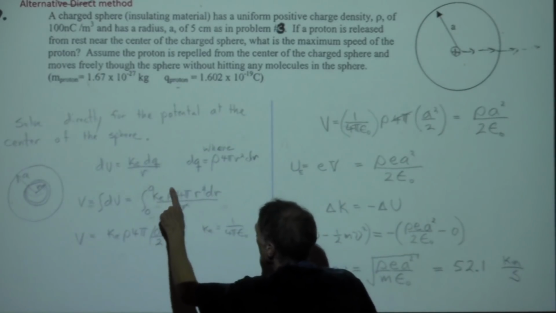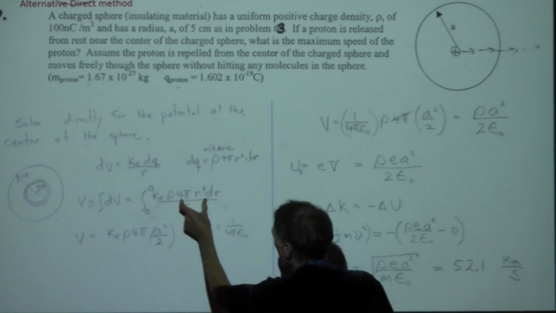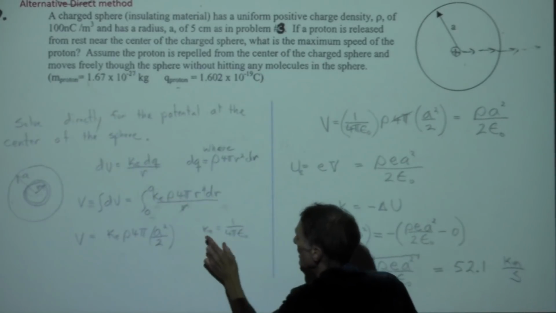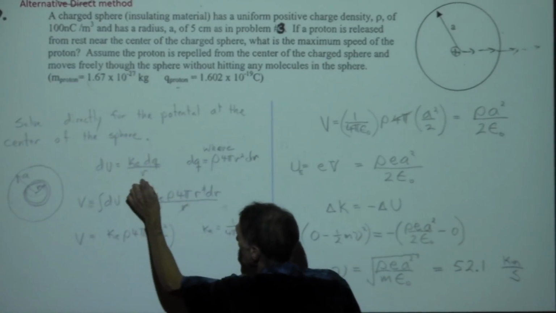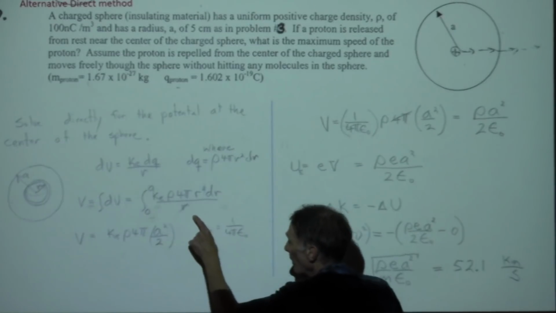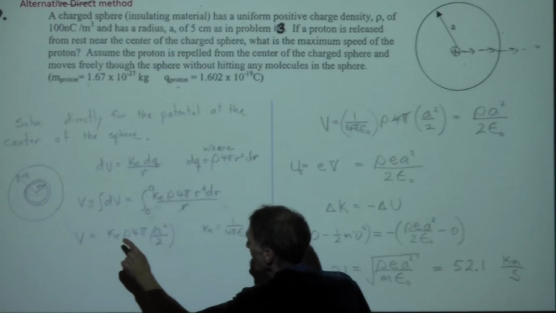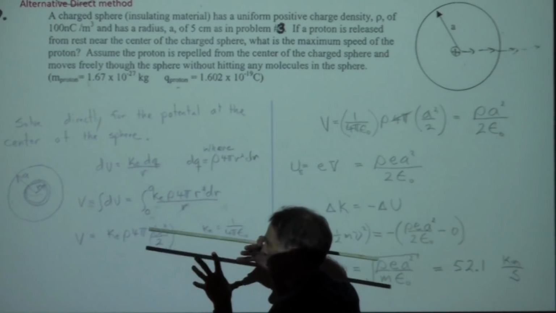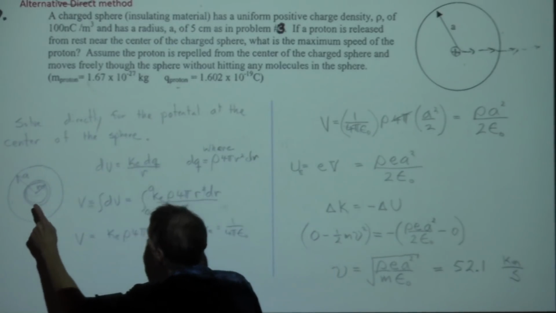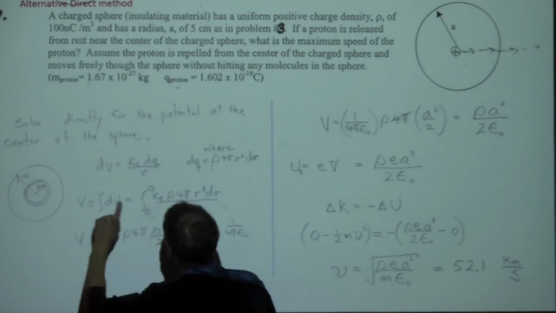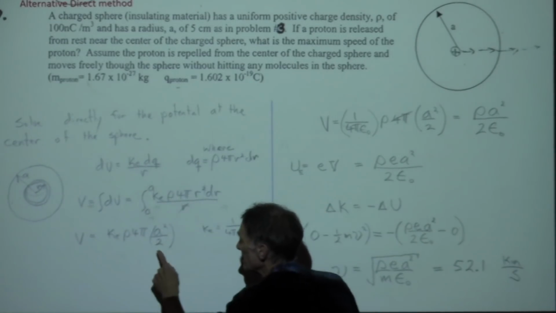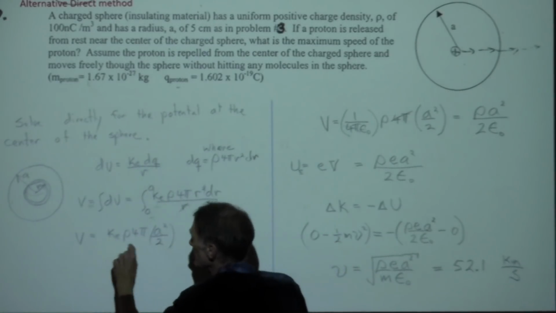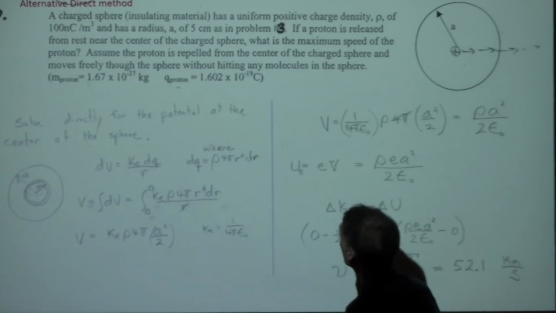V is going to be k rho times 4 pi r squared, and this is going to be a volume, so that is going to be a charge times r. So basically I'm still coming back to that of a point charge, and I want to get the potential for that. I'm going to integrate all of these potentials, so basically I'm getting that energy just to put this thing together. I'm going to integrate it from 0 out to a, and then this represents the electric potential at that point.